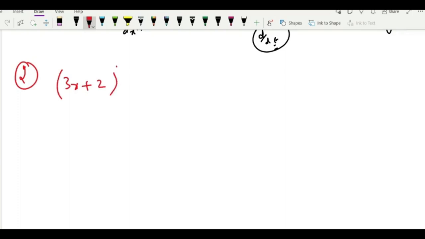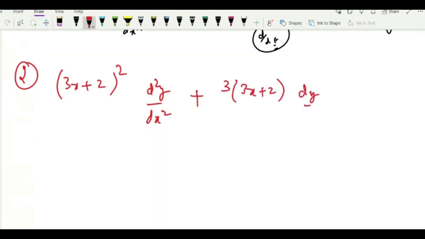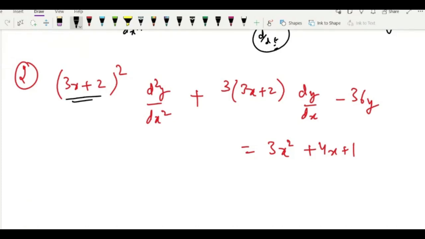Example number two: (3x plus 2) square d2y by dx square plus (3x plus 2) dy upon dx minus 36y is equal to 3x square plus 4x plus 1. In this example, you can see we have (ax plus b) power 2, and also here (ax plus b) power 1. So this is a generalization of Cauchy-Euler equation.